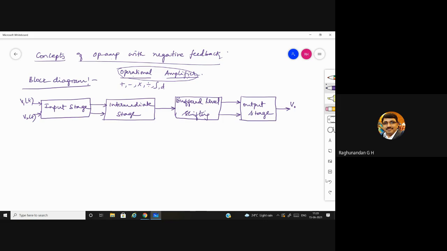Just for example, let us consider there are some musicians and there is a singer. Each musician will be given a mic to capture the sound of that particular instrument they are playing. Some might be playing the guitar, some a flute, some the drums, some the keyboard, like that.